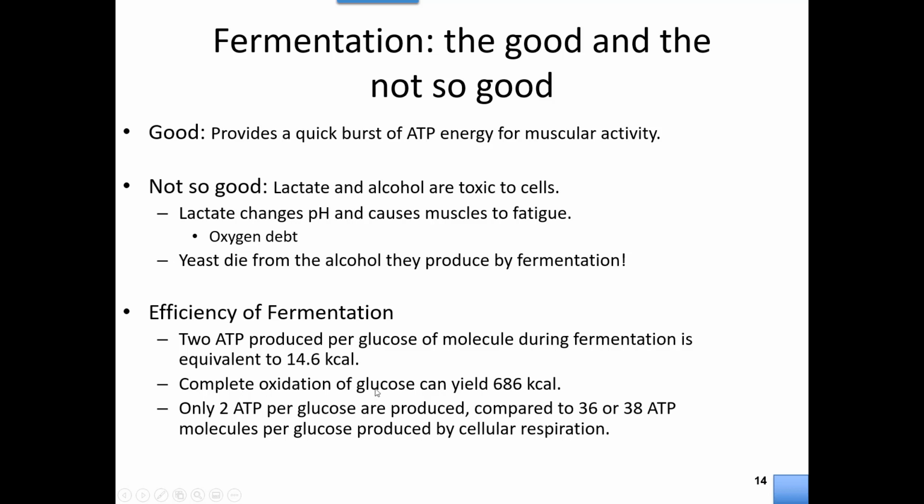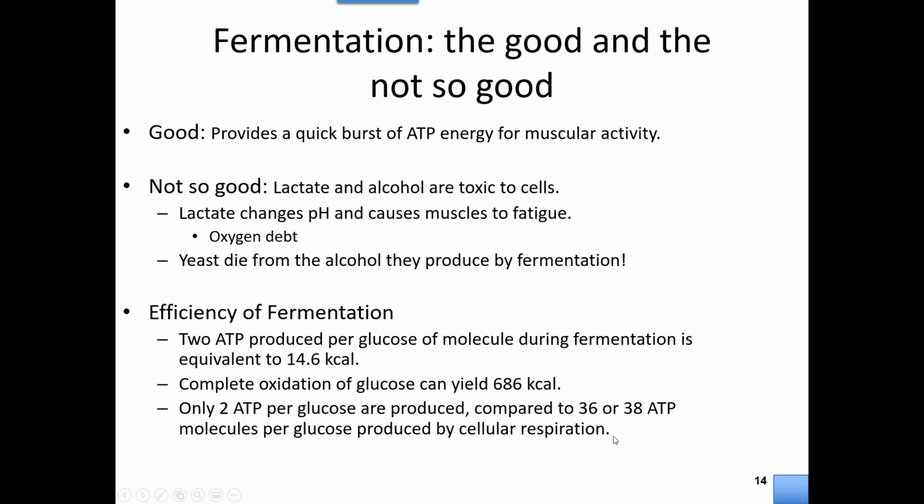So we can get a little bit of energy out of the fermentation step, and that's really coming from the glycolysis step, but it's not that huge, large number of energy that we could get out if oxygen was present and we could go through that whole cellular respiration process. So we only get 2 molecules of ATP versus 36 to 38 if we finish the whole reaction. So it gives us our quick energy, it's just not a lot of energy.